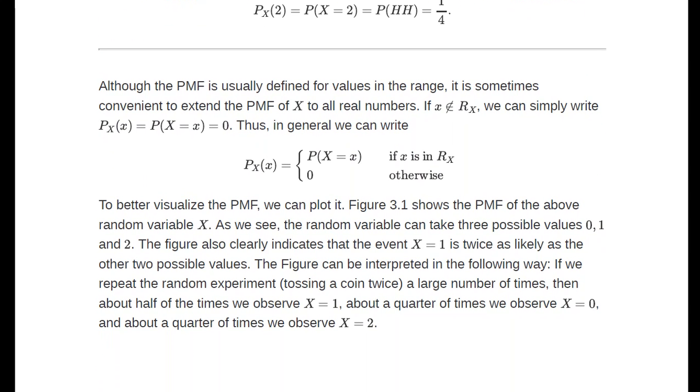Although the PMF is usually defined for values in the range, it is sometimes convenient to extend the PMF of X to all real numbers. If x is not an element in the range of X, we can simply write P_X(x) equals P(X equals x) equals 0.